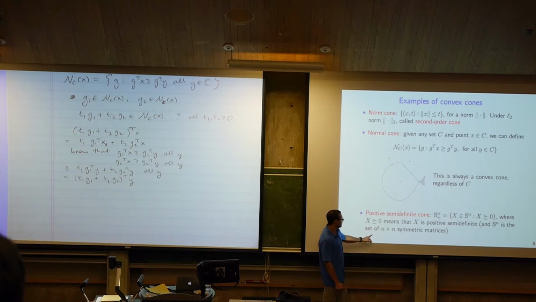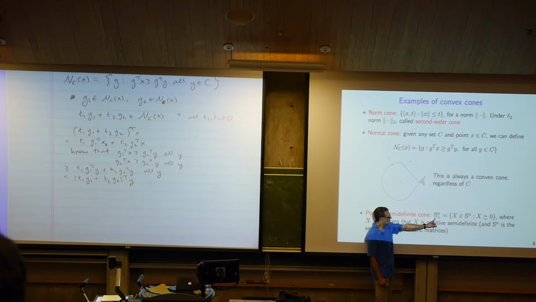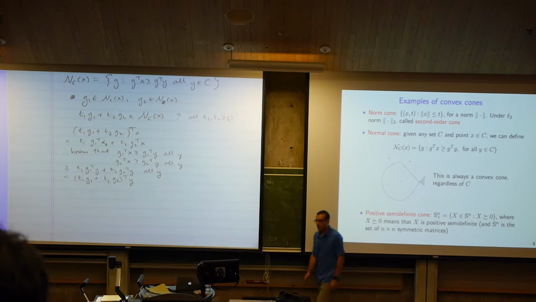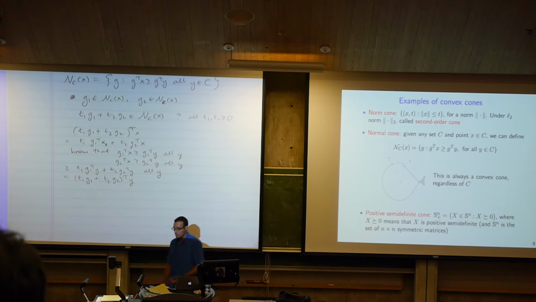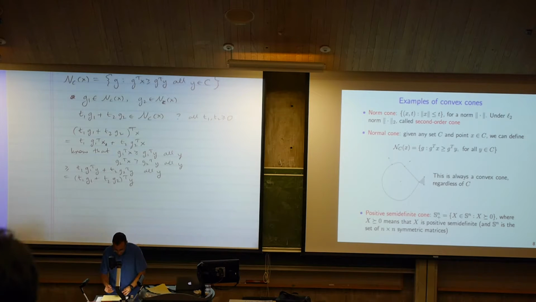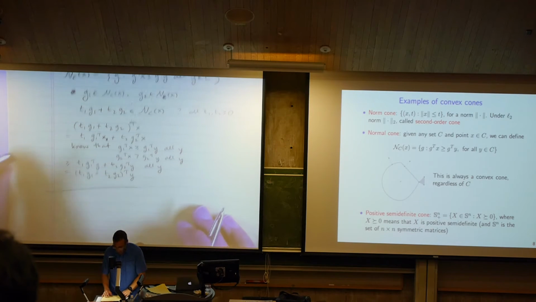We denote that by the same Sn but with a plus. It's the set of all symmetric, positive semi-definite n by n matrices. Just a quick refresher in case people have forgotten.